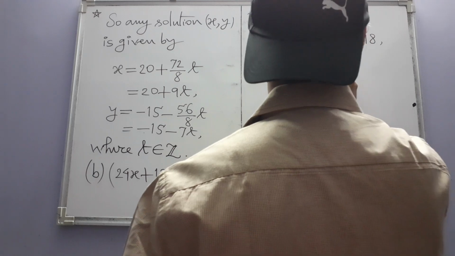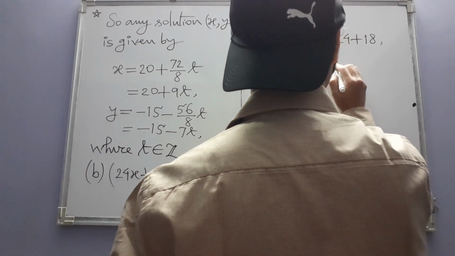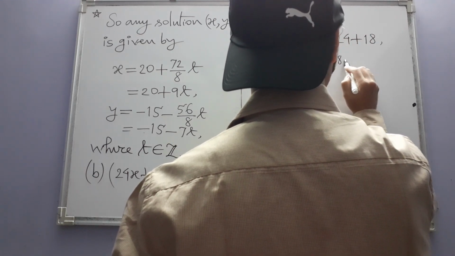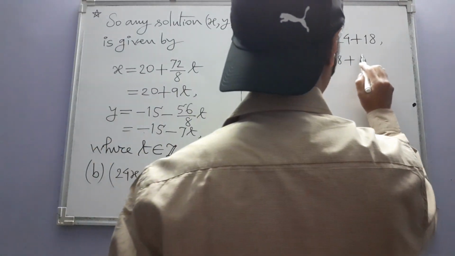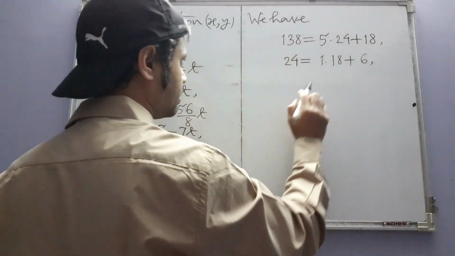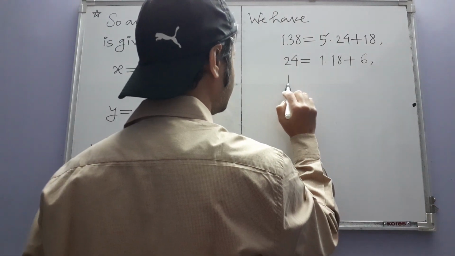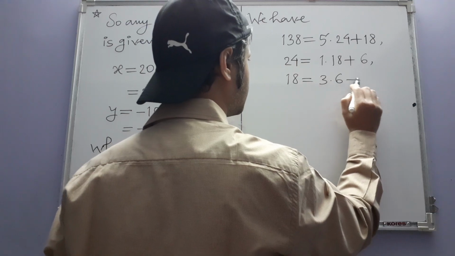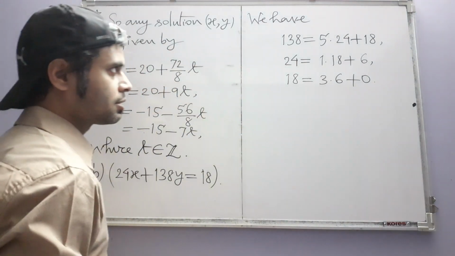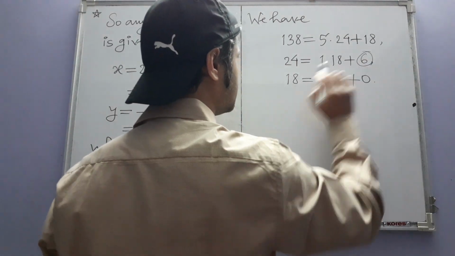So 24 equals 18 plus 6, or you can show the quotient, plus 6, and in the very next step we have 0 remainder. So that means our GCD is 6.